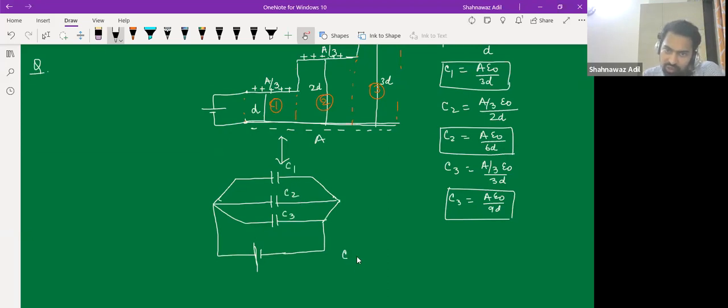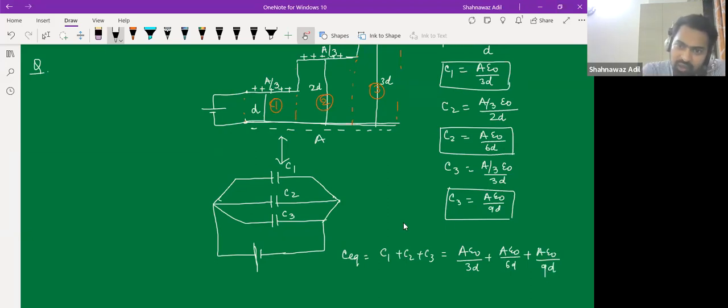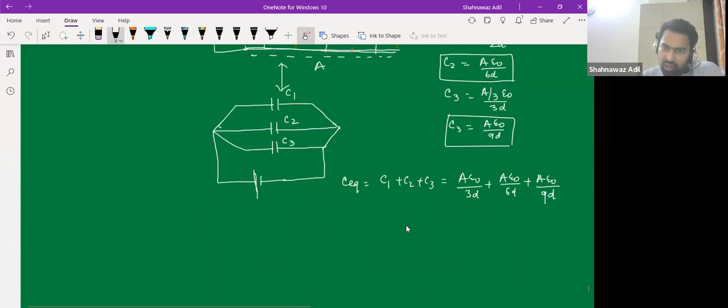So C equivalent would be C1 plus C2 plus C3, which is A epsilon naught by 3D plus A epsilon naught by 6D plus A epsilon naught by 9D. So if we solve this, A epsilon naught by 3D common, this is 1 plus 1 by 2 plus 1 by 3.